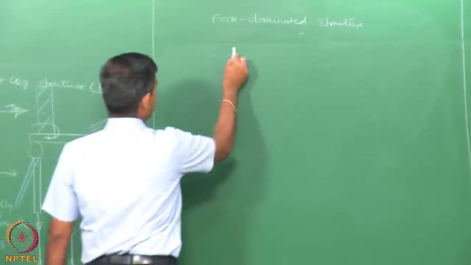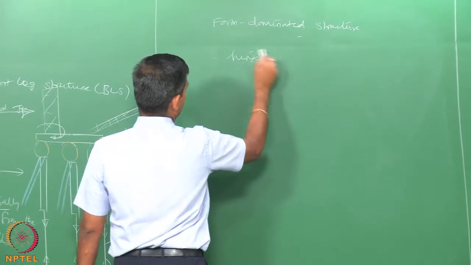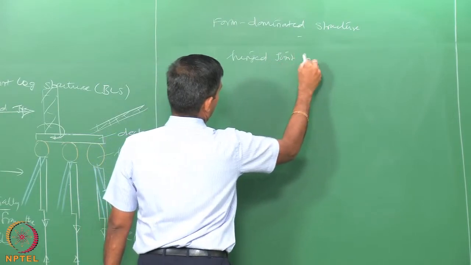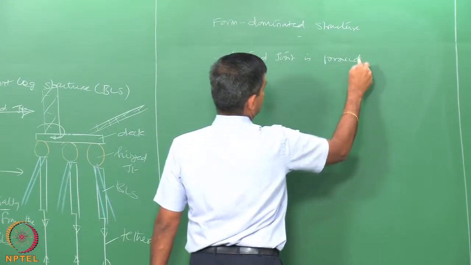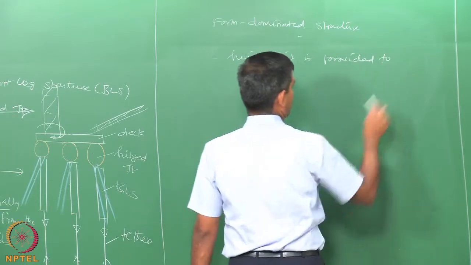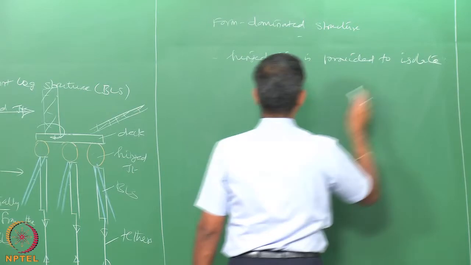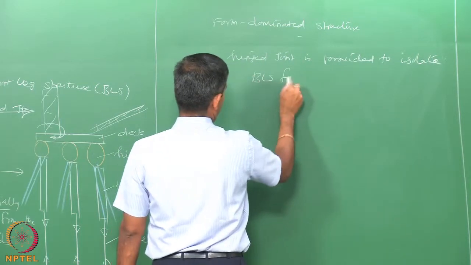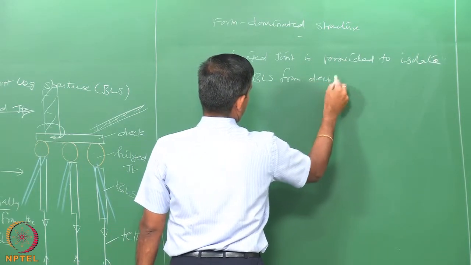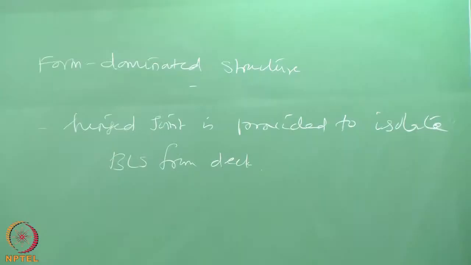So, the hinged joint is actually provided to isolate the BLS from the deck under lateral loads. Interestingly, it will restrain the transfer of rotational displacements.